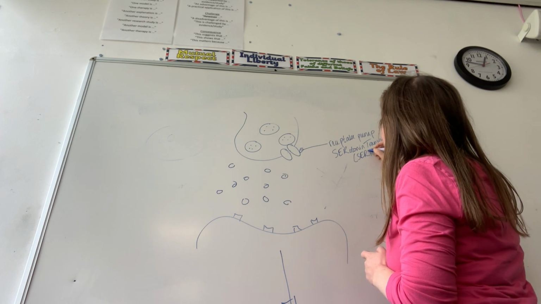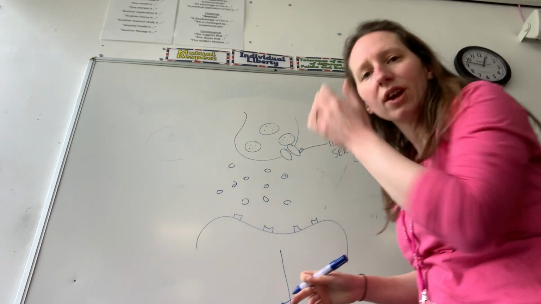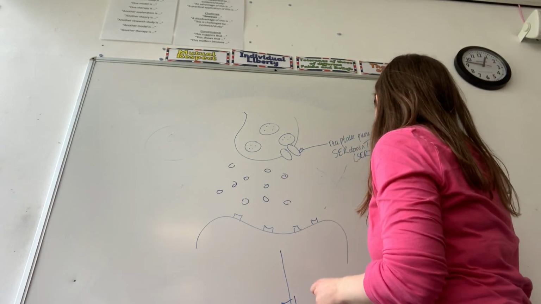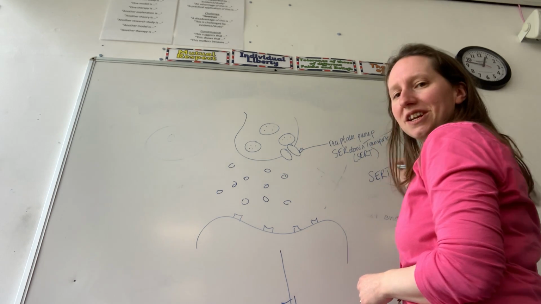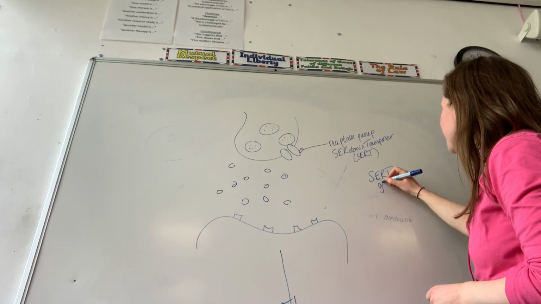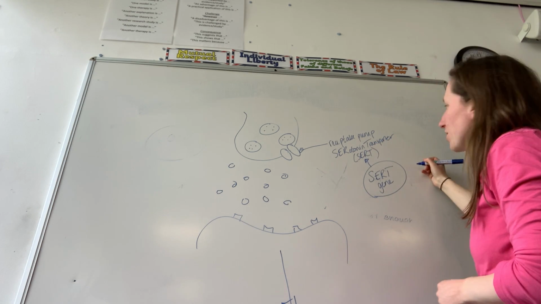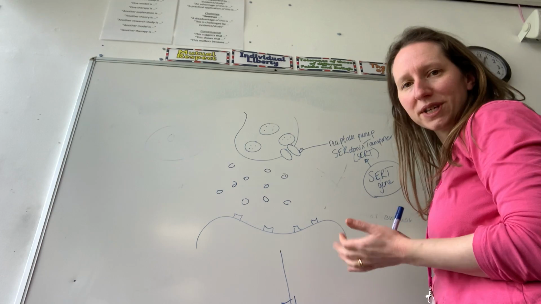or SERT for short. Okay, so in someone with OCD, there is a gene called the SERT gene, and in fact everyone has this, but the SERT gene codes for and produces the reuptake pump.